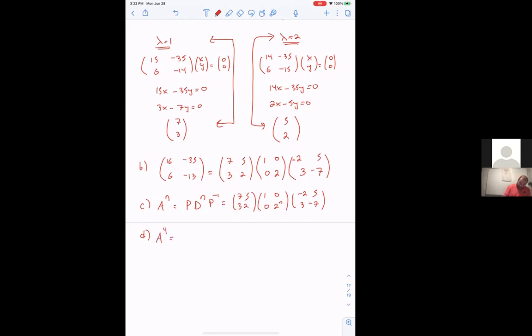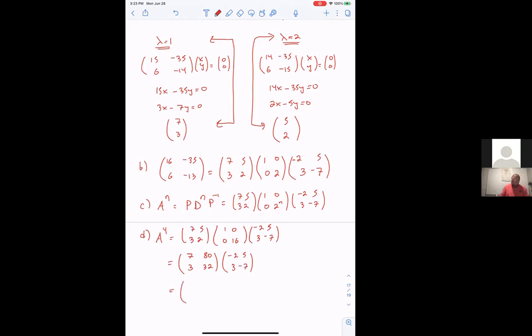So A to the 4 is 7, 5, 3, 2, 1, 0, 0, 2 to the 4, which is 16, negative 2, 5, 3, negative 7. If we multiply the first two, I get 7, 3, and I get 80, 32 times negative 2, 5, 3, negative 7.